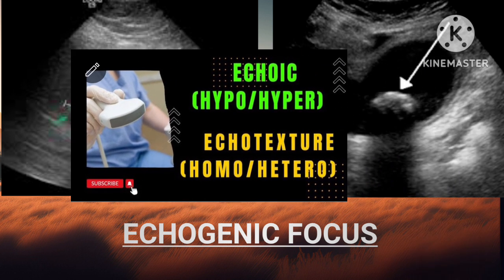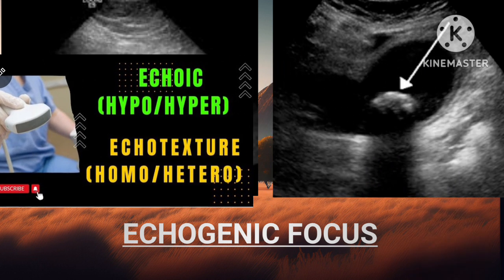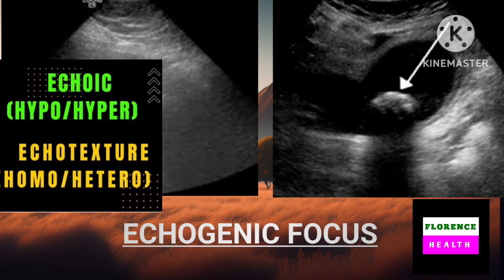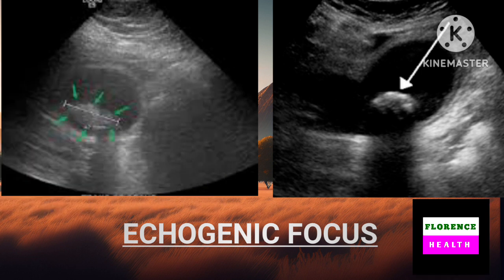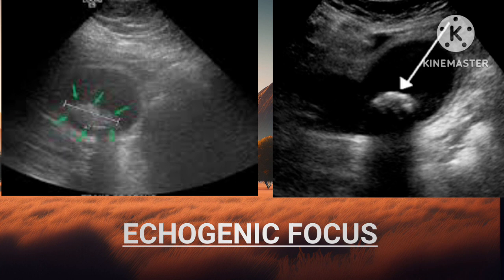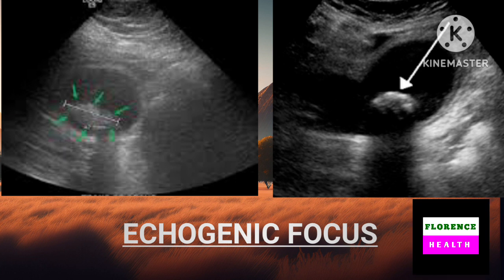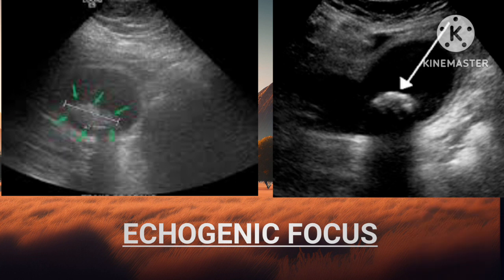Go and see the video on the topic of echogenicity and echotexture. Hypoechoic means less level of echo, that means less echogenic. Hyperechoic means more level of echo or more echogenic.